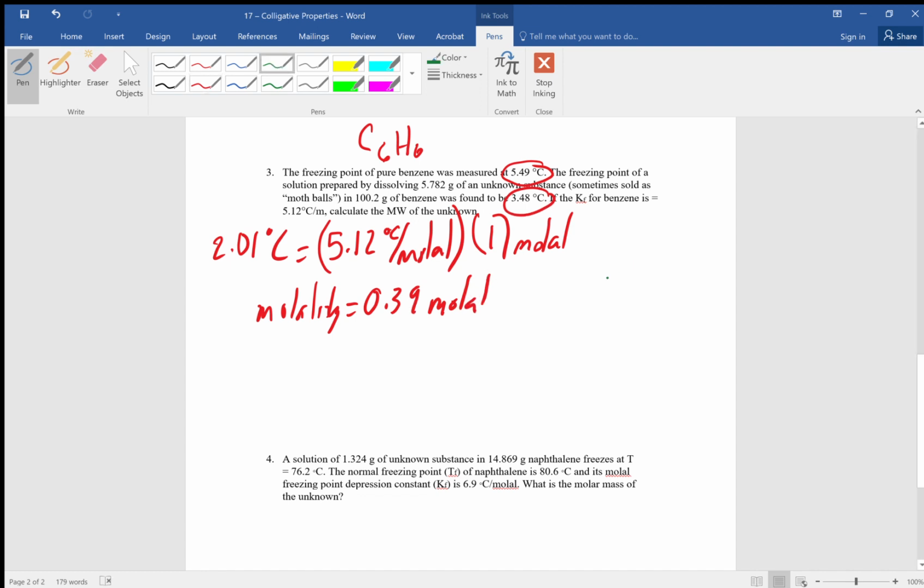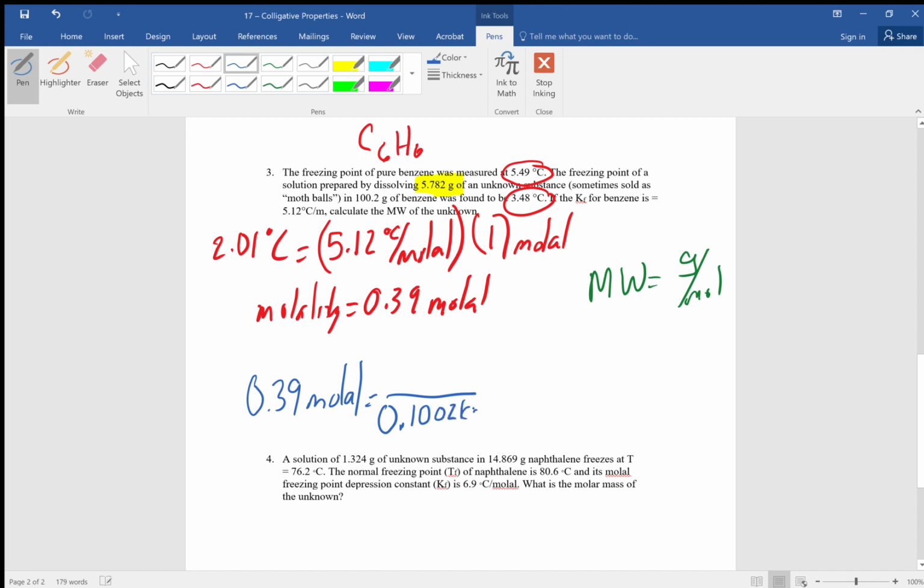Now, as we've seen in the past, if we want to figure out molecular weight, we need to know grams over moles. Well, we know the grams of the unknown, that's given. Now that we know molality, though, if we know the mass of the solvent, which is given as 100.2 grams or 0.1002 kilograms, we can figure out the number of moles.